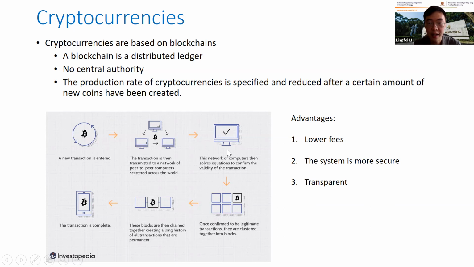By doing this in a distributed way, I already mentioned the first advantage is lower cost, and the second one is more security. If you have a system that is run by a central authority, it can be hacked, and sometimes quite easily. So the information stored there can be breached.